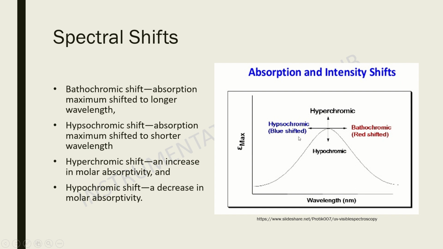In hypsochromic shift, there is a movement towards the shorter wavelength region, also known as the blue shift, as we all know, VIBGYOR, the UV visible region. In hyperchromic shift, the epsilon max value will increase, or we can say the intensity will increase. In hypochromic shift, the intensity will decrease.